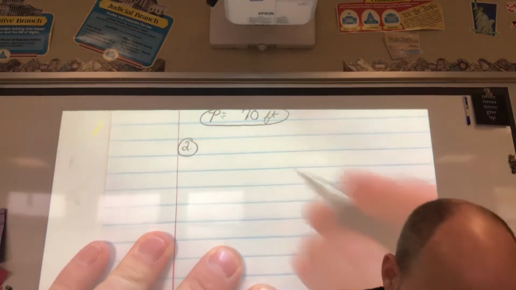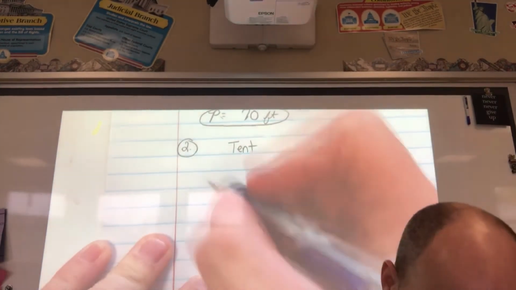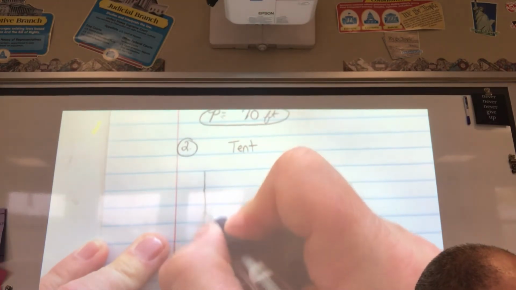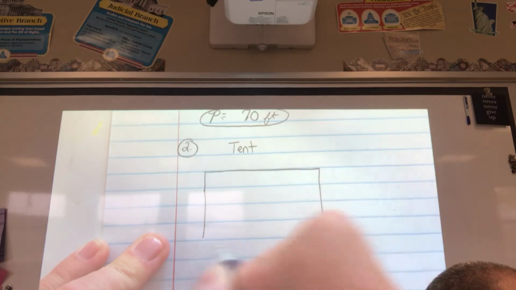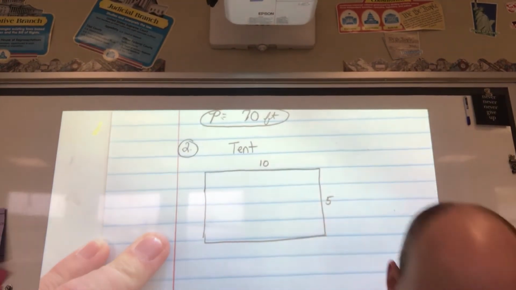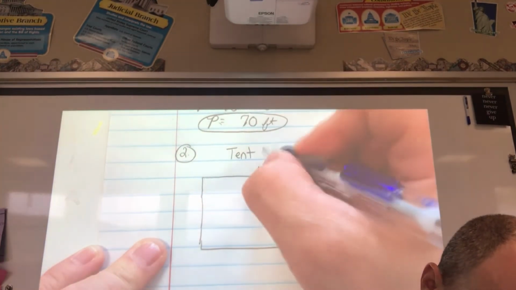So his tent is going to be on one side, and his tent, if you remember, is 10 by 5 feet. So I'm going to go off to the side over here and find out the area of his tent.